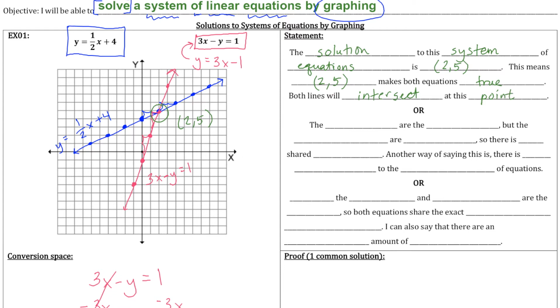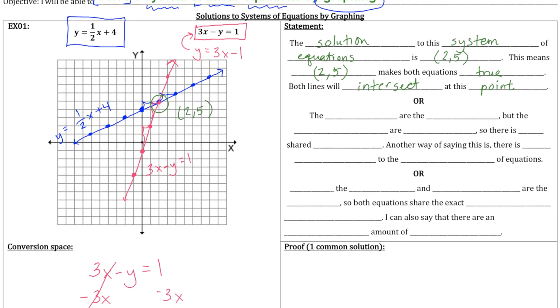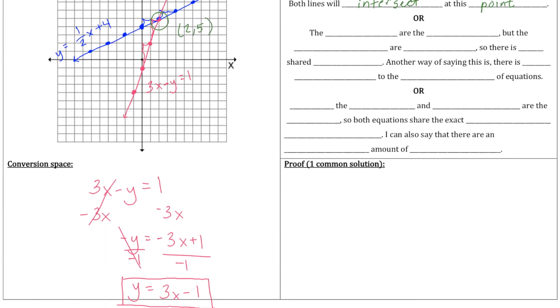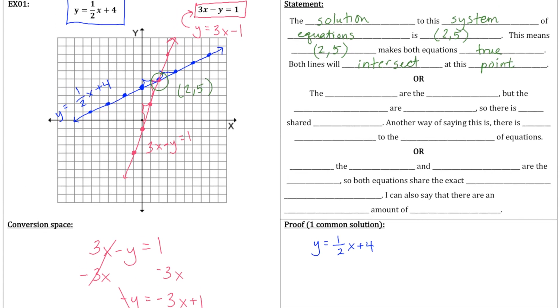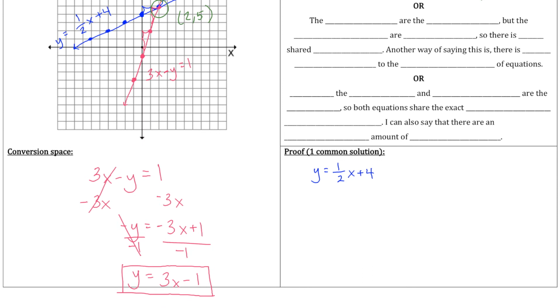Cool. So now we have to prove that 2, 5 is a solution to each of those. So y equals 1/2 x plus 4, and then 3x minus y equals 1. Let's not forget my solution is 2 comma 5.